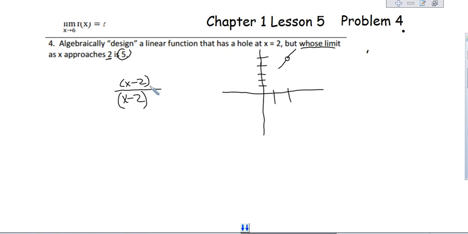Well, since these two cancel, we still need an equation that has the y value equal to 5 when x equals 2. So in other words, algebraically, it's going to look like this. F of 2 has to equal 5.